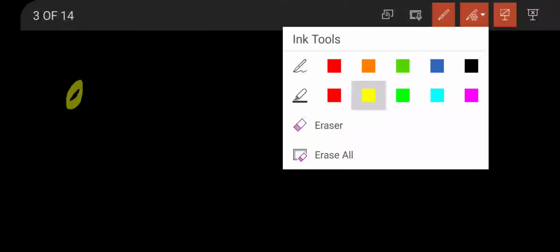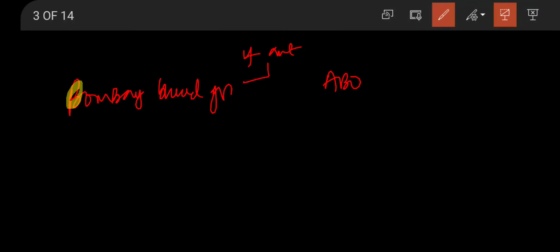So once again I am saying regarding Bombay blood grouping and ABO: H antigen is present in ABO, and absent in Bombay.